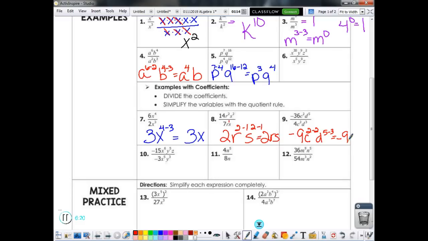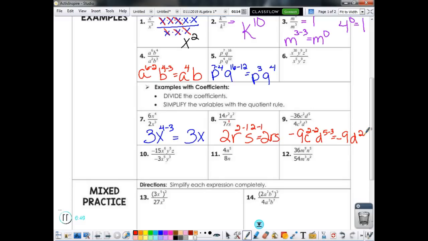So I don't have to write it. And then d to the 5 minus 3, so that's 2. So d squared. So negative 9d squared. Any questions about this? Make sense? Yeah, it's just like the other one.